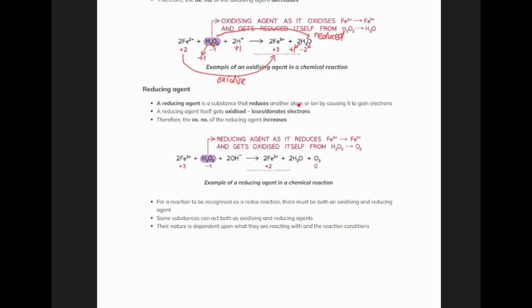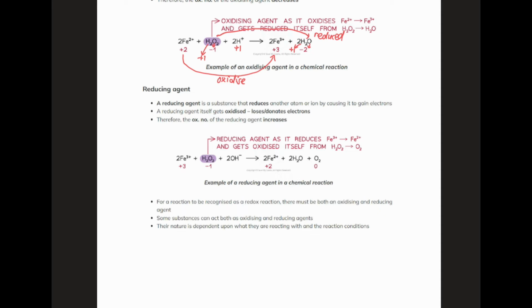So that means the reducing agent reduces others. So others will gain electrons. But the reducing agent itself gets oxidized. It loses or donates electrons. Okay, so therefore the oxidation number of the reducing agent increases.